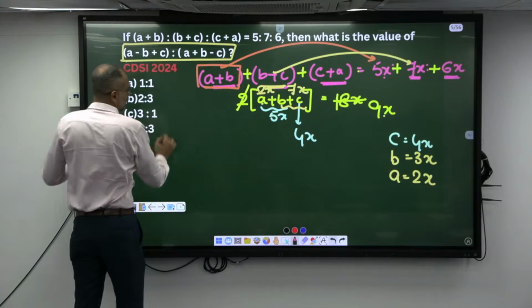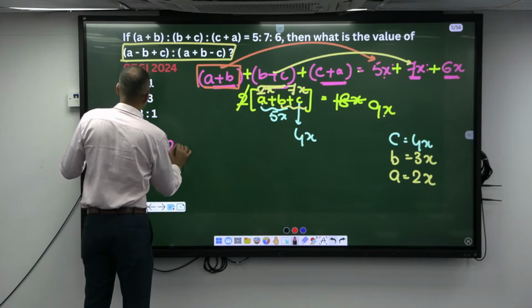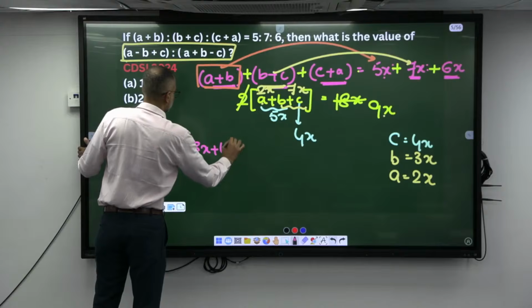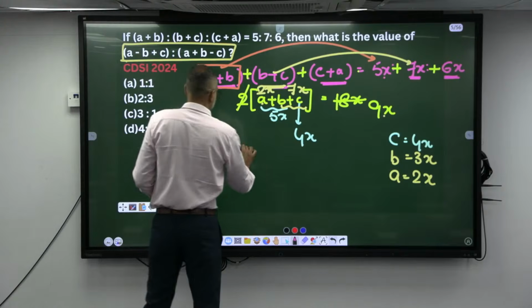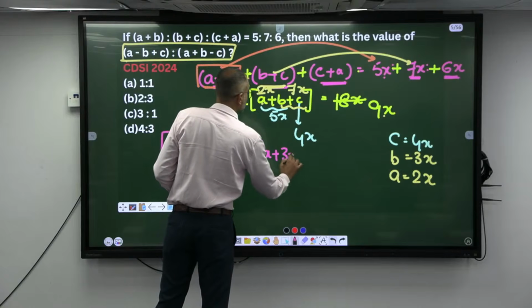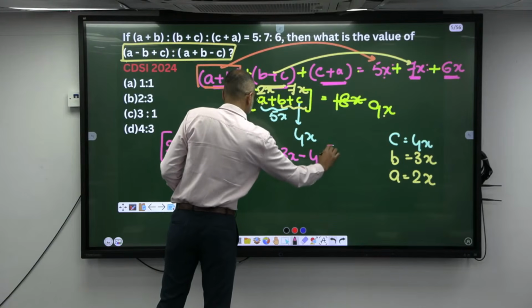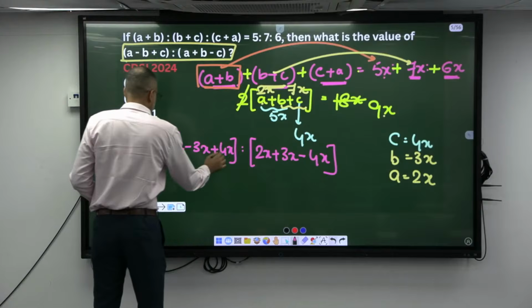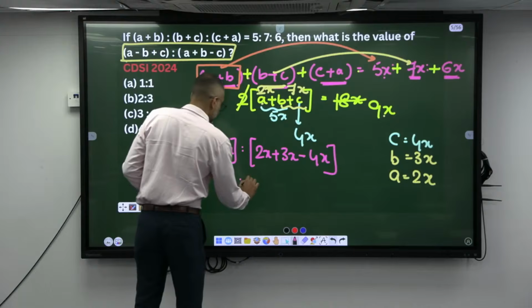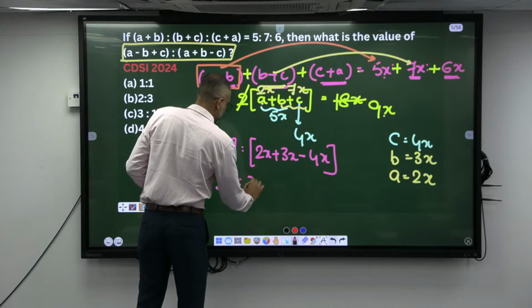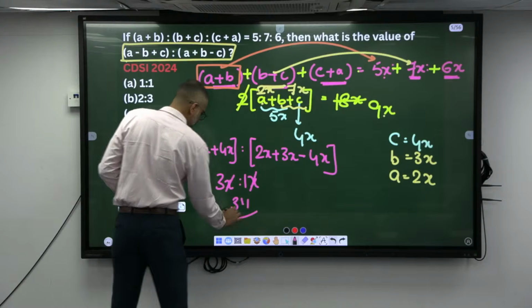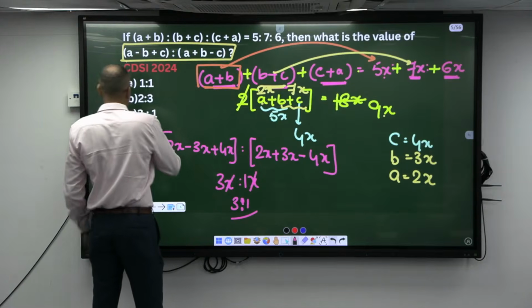So here it is A, which is 2x minus 3x plus 4x, is to A, which is 2x plus 3x minus 4x. So this is 6 minus 3, 3x is to x. Three is to one.